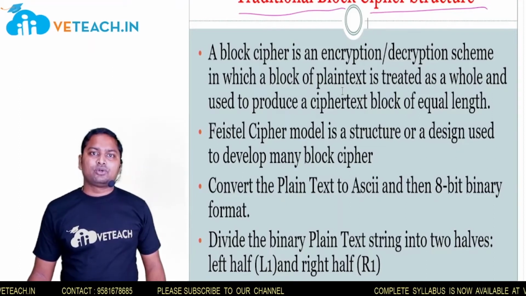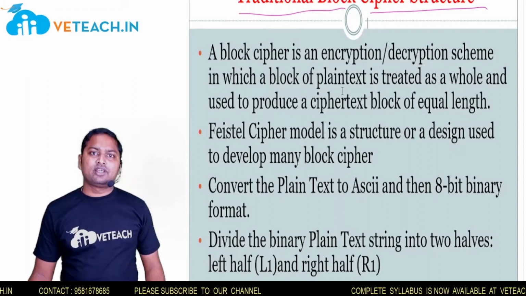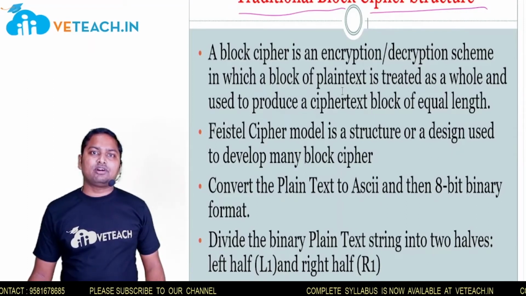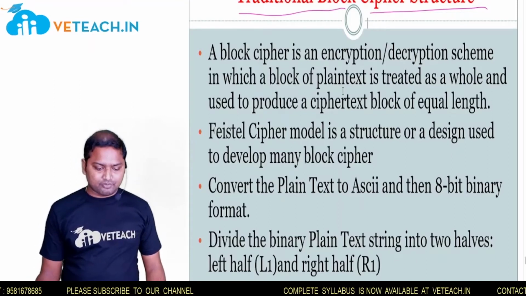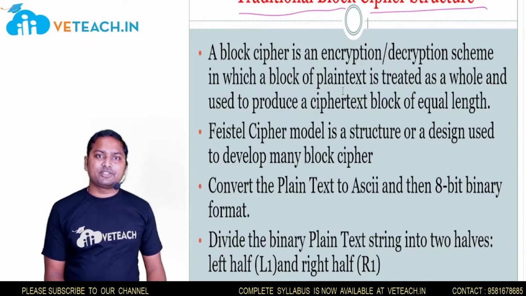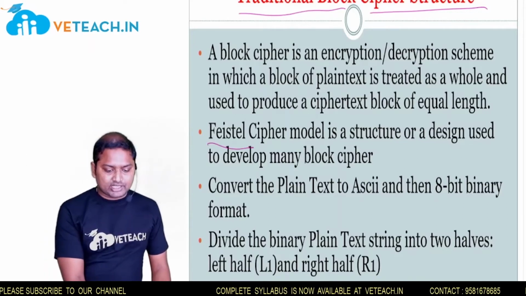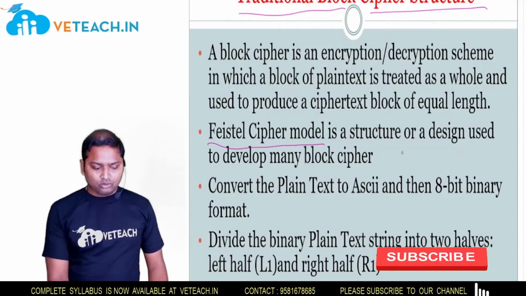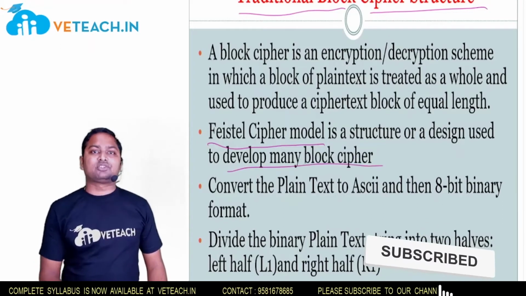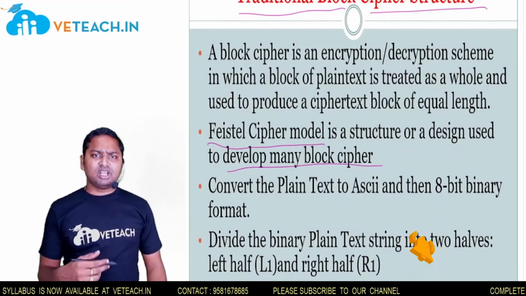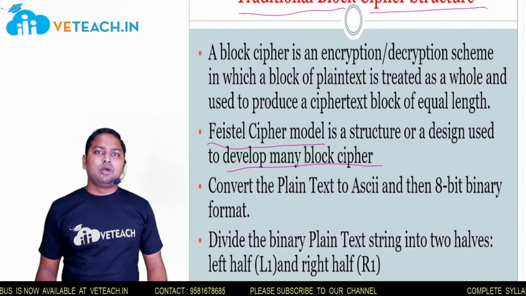So we take plain text and key, use both, and finally generate ciphertext. This is done with the Feistel cipher model. By using this Feistel cipher model, we develop many block ciphers. Almost all the algorithms in network security come under block ciphers.